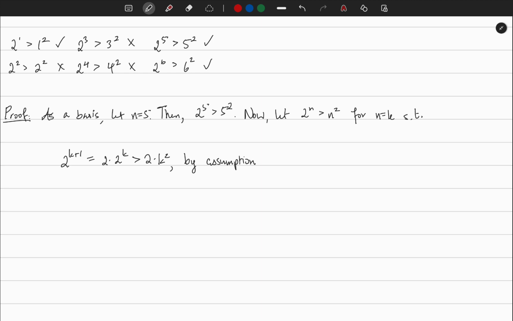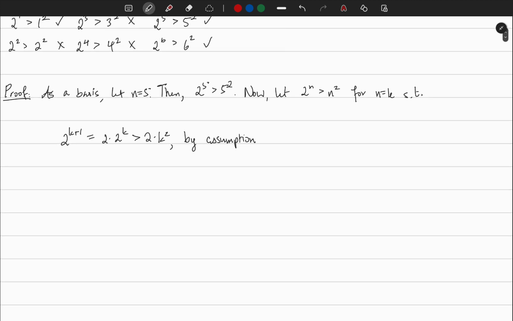Right? Now what can we do? We want to get this k squared to be in the form of n plus 1, or k plus 1 squared. So how can we expand this?